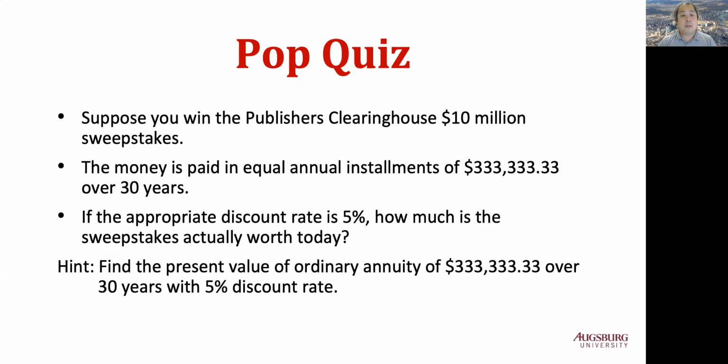If the discount rate is 5%, how much is the sweepstakes actually worth today? Now the hint is find the present value of an ordinary annuity of $333,333.33 over 30 years with 5% discount rate. Please solve.